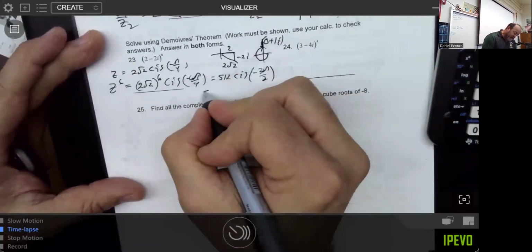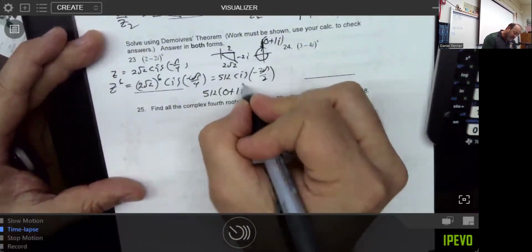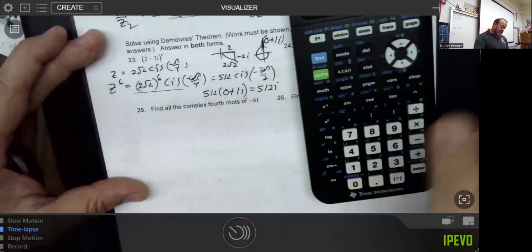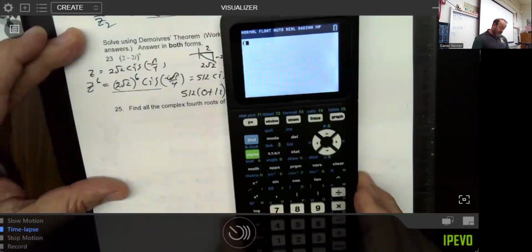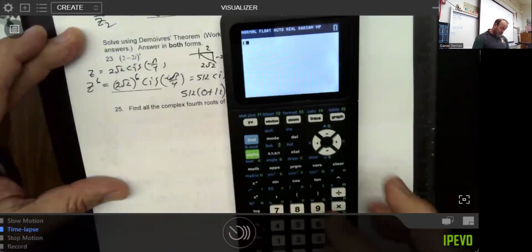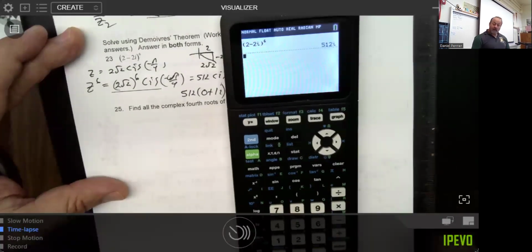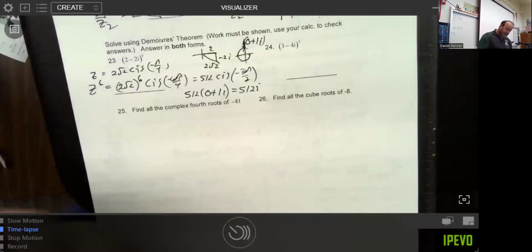So this is 512, and the cis part is 0 plus 1i, or 512i. Now, again, it would be silly not to utilize our calculator to double check that. Let's see. What is 2 minus 2i raised to the 6th power? And there we go. We got 512i, which confirms it.